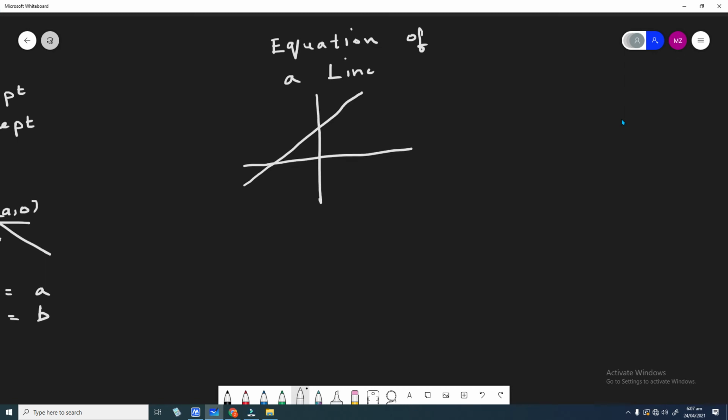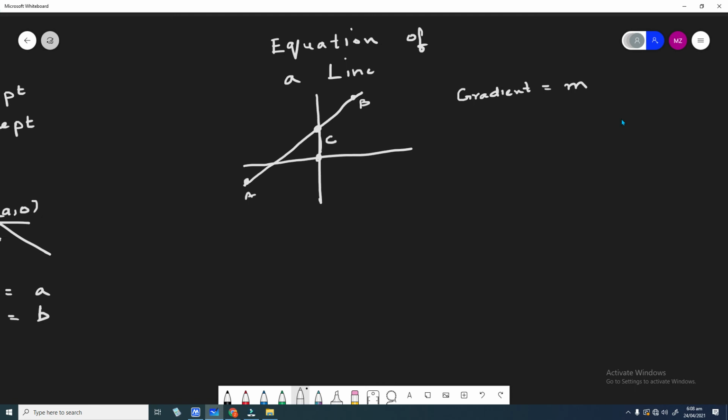Now, equation of a line. Suppose you are given a line. This line may be AB, or any other line, AB, BC, CD, and you are asked to find the equation of this line. And suppose you are given the gradient. Its gradient is m, and suppose its y-intercept, that is the distance from O to the point where it is cutting the y-axis, suppose this distance is c.